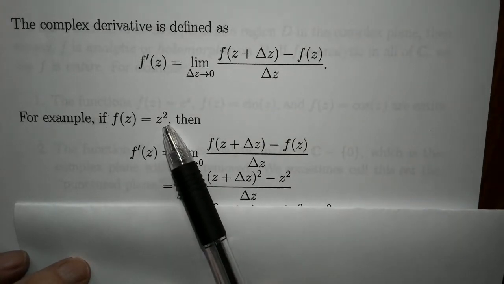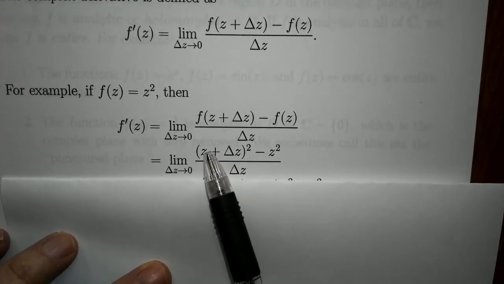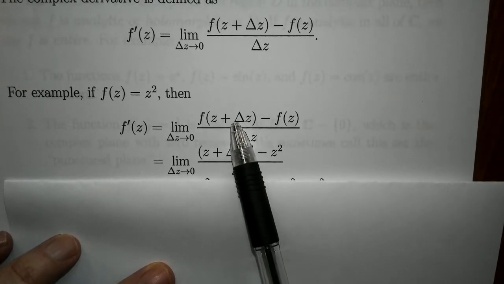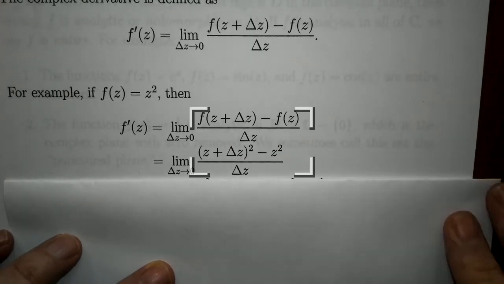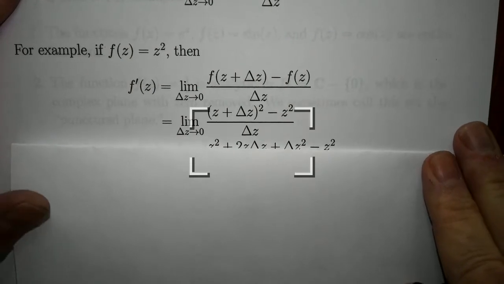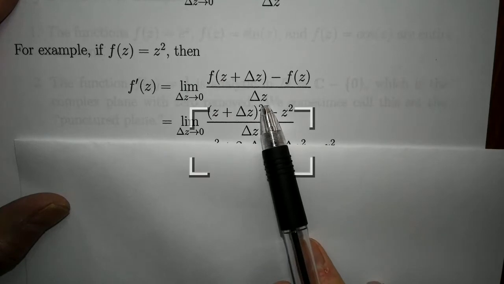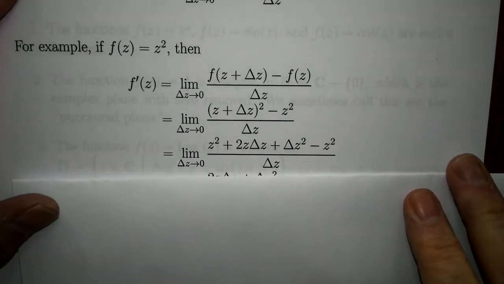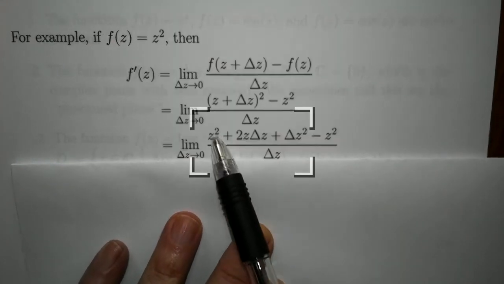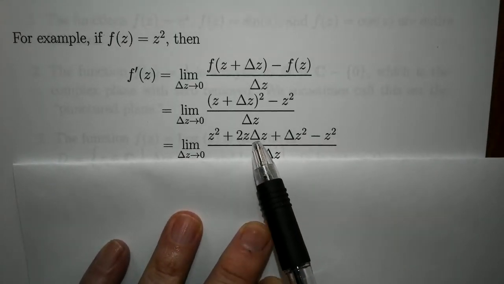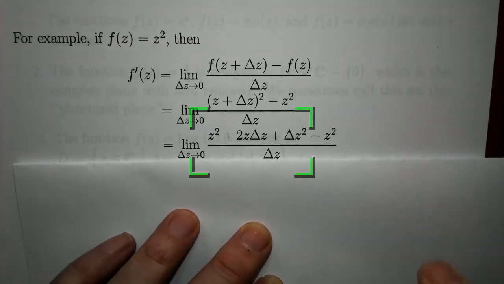So let's take a look at a simple example. f of z equals z squared, and let's use this definition. We proceed very much like we did in Calculus 1. So f of z plus delta z minus f of z over delta z. This is the definition of the derivative. Our function says take z plus delta z and square it, so we put that here, minus z squared, divided by delta z. We expand this expression and get z squared plus 2z delta z plus delta z squared minus z squared over delta z.